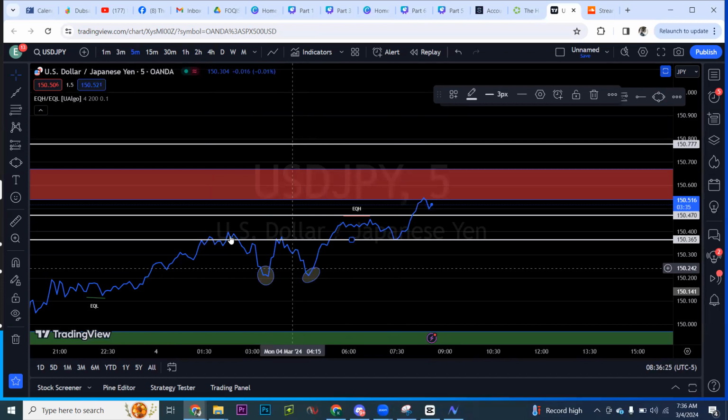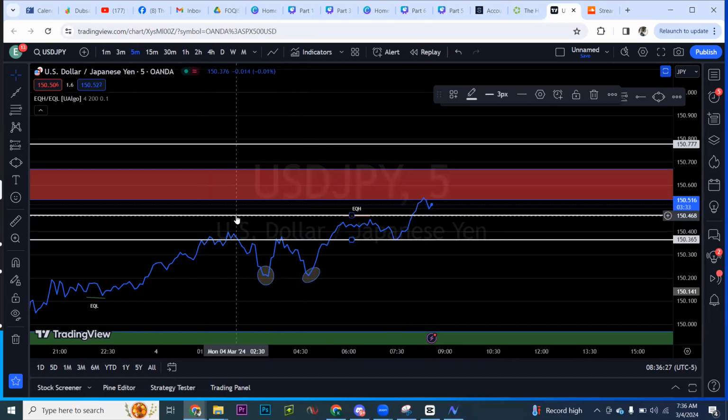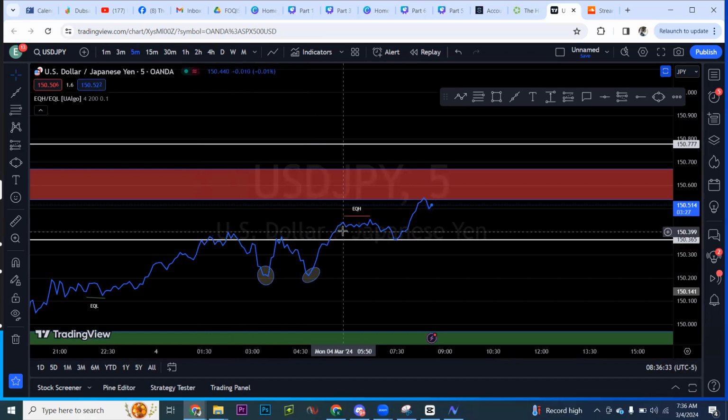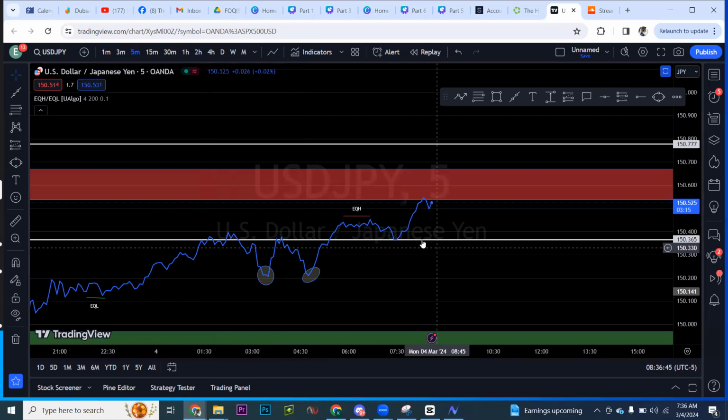So we have a place that was resistance, broke the structure, and now it's turned support. Anytime you have a place that was once resistance turned to support, or once support turned resistance, that level is the major key level. So in price right here, this is a decision making area.